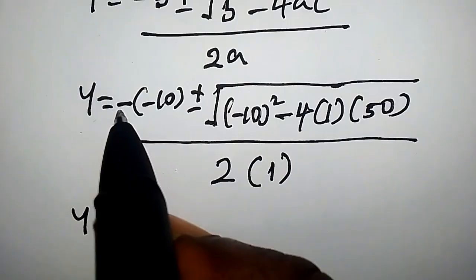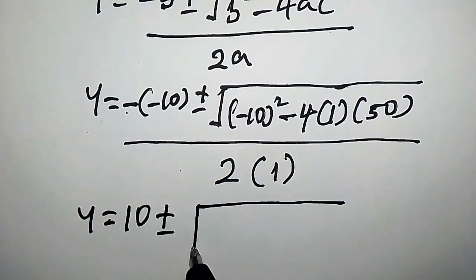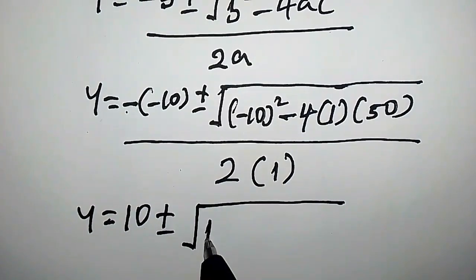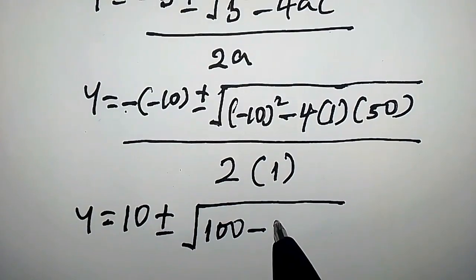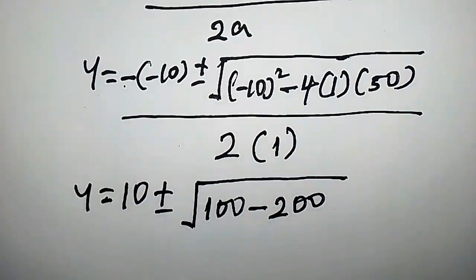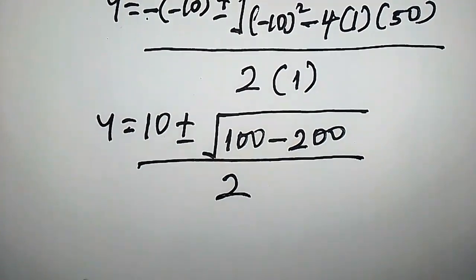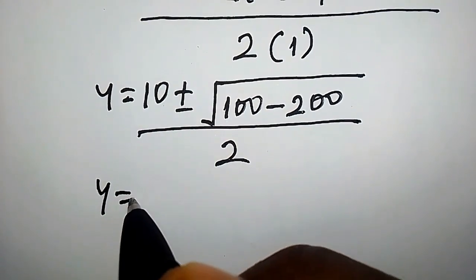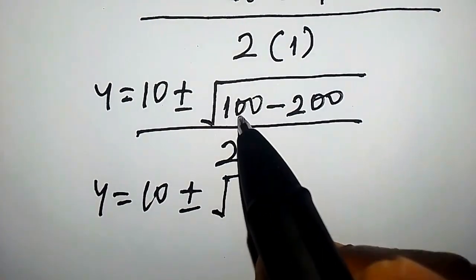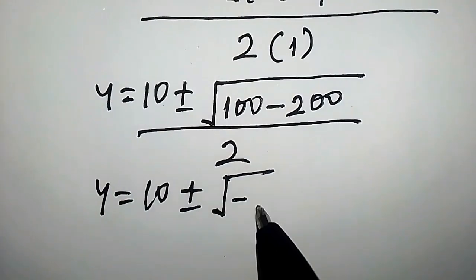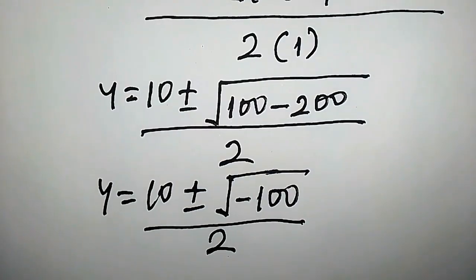Y is equal to minus times minus 10, that is 10, plus or minus the square root of minus 10 all squared, that is 100, minus 4 times 1 times 50, which is 200. Everything divided by 2 times 1, that is 2. So y is equal to 10 plus or minus the square root of 100 minus 200, that is minus 100, divided by 2.